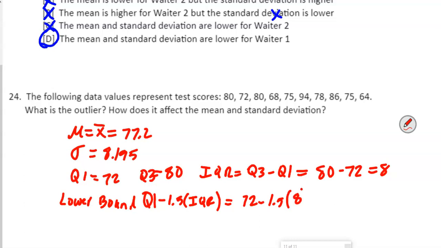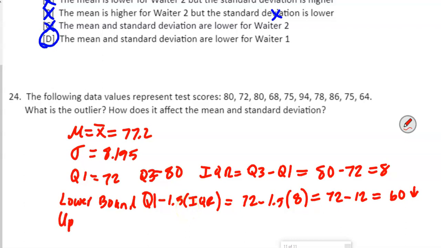Our 8, right? So now remember, you should multiply the 1.5 times the 8 first. When you multiply 1.5 times 8, you get 12, right? So that's going to be 72 minus 12. That means it's going to be 60. Any number below that is going to be out of our bounds, right?